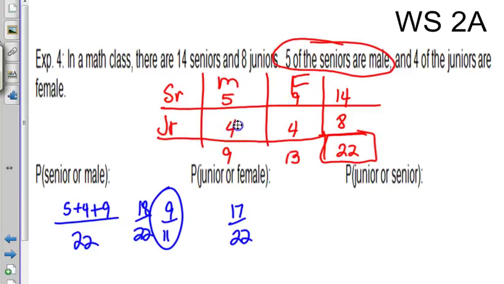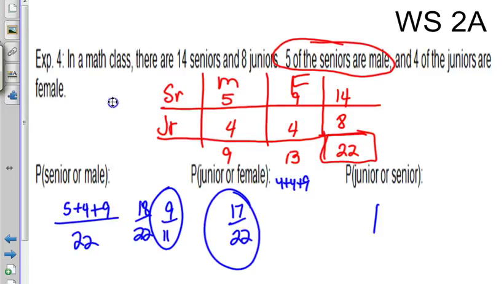Juniors, both of those count, and this additional set of senior females count. So that's 4 plus 4 plus 9. That doesn't reduce, right? Okay, junior or senior? Everybody's a junior or senior in our little chart, right? So 22 out of 22.